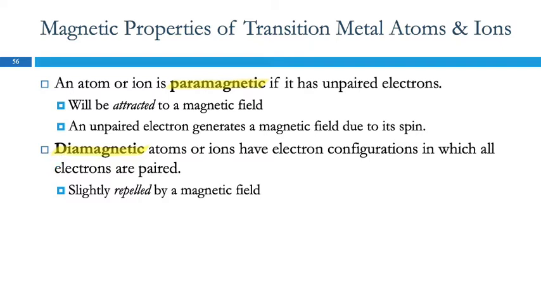So in diamagnetic, they're going 2 by 2, like Noah's Ark. The animals went in 2 by 2. Everybody's got a partner, right? There's 2 giraffes and 2 elephants, etc. Paramagnetic is the opposite way, where they are not paired up. Okay, that's the best I can do. Noah's Ark.